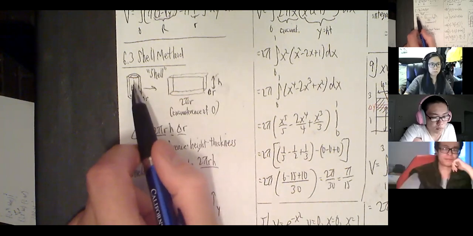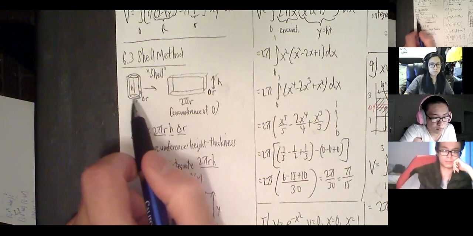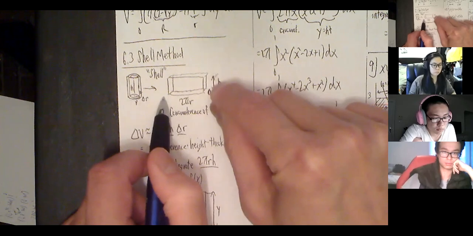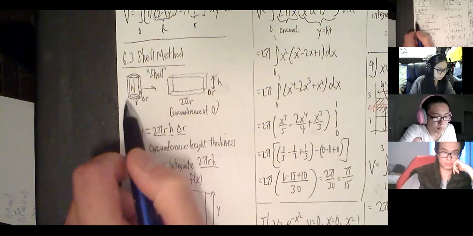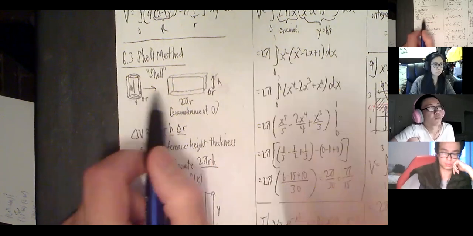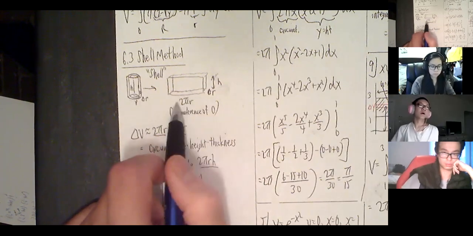Now, see if you can get this. If I cut and open it up, this bottom spreads all the way out. Well, that's just the circumference of the circle, is it not? If I cut and open it out, you have the circumference of the circle, 2 pi r.